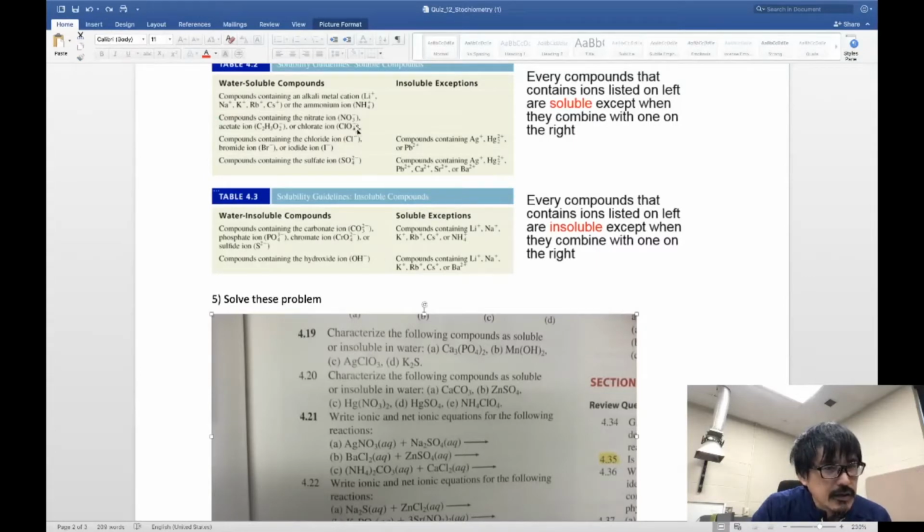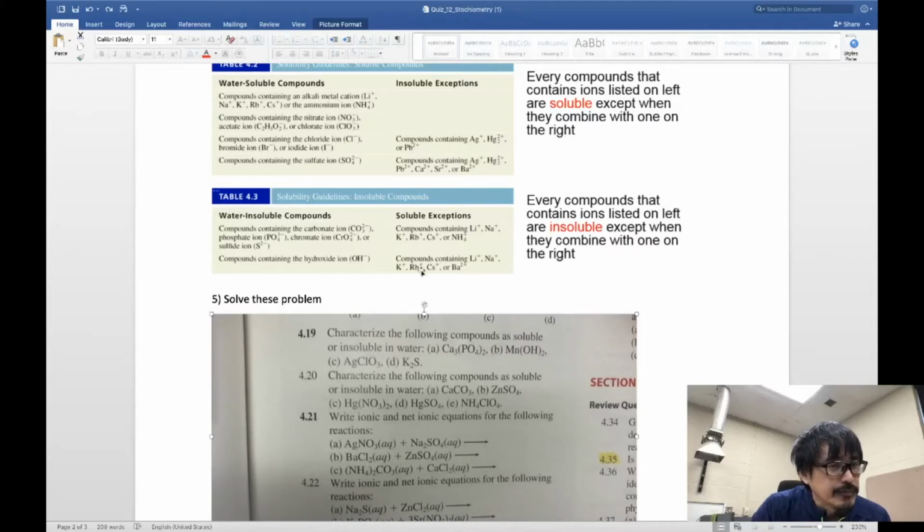HgNO3, anything that paired up with NO3 is going to be water soluble, so that's going to be AQ. HgSO4, I know that SO4 was somewhere around here, so generally speaking it is water soluble, but when it's paired up with Hg, which in this case is listed as an exception, that one is going to be water insoluble, so that one here is going to be solid.